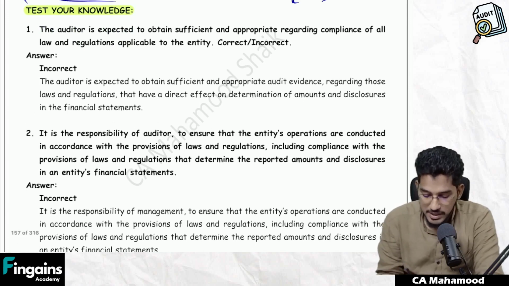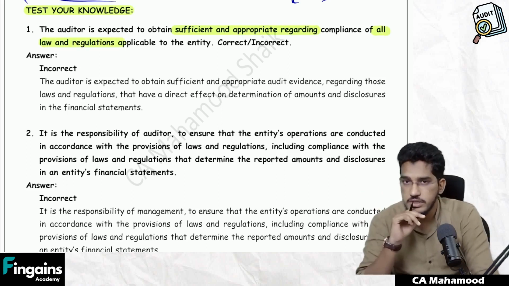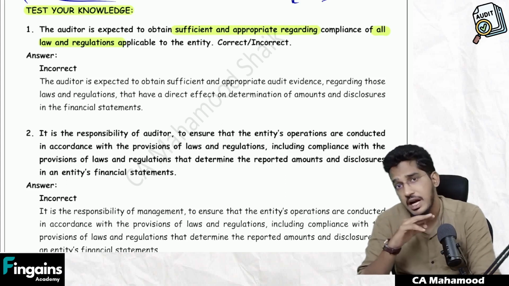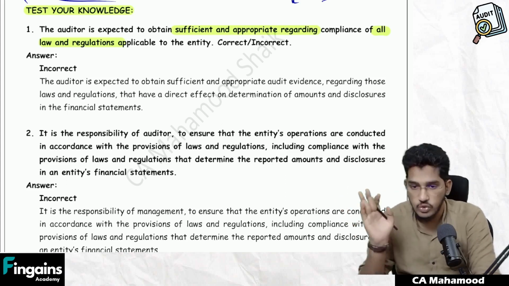The auditor is expected to obtain sufficient and appropriate audit evidence regarding compliance of all laws and regulations applicable to the entity. Do you agree with this statement? The statement says the auditor is required to obtain sufficient and appropriate audit evidence regarding all laws and regulations. Do you agree? No. Why?